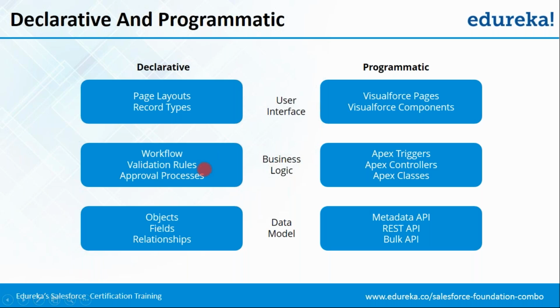All right. And then, declarative concepts also include validation rules. So what do we mean by validation rules? When someone enters data into the database, we were talking about the Edureka example earlier, how a person signs up on the Edureka page. You'll have a login option where you'll be asked for the name, the email address, and the phone number.